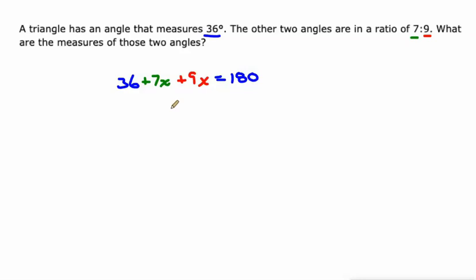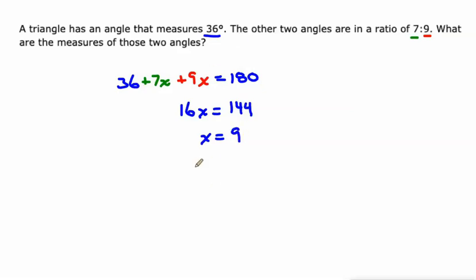So let's do 7x plus 9x is 16x. Let's subtract 36 from both sides. It gives us 144. And 144 divided by 16 is 9.